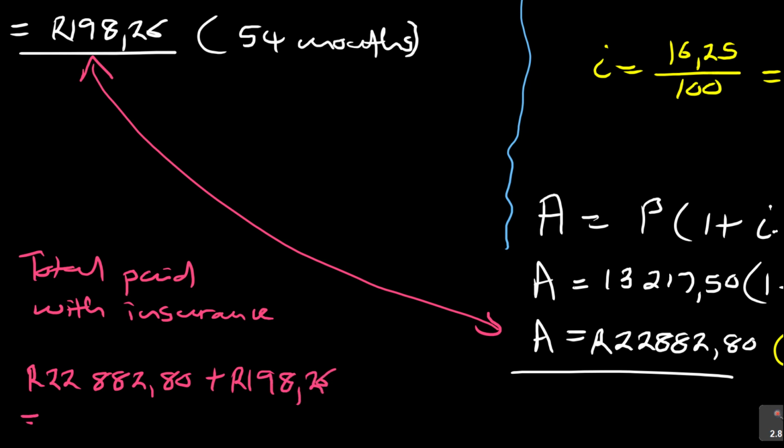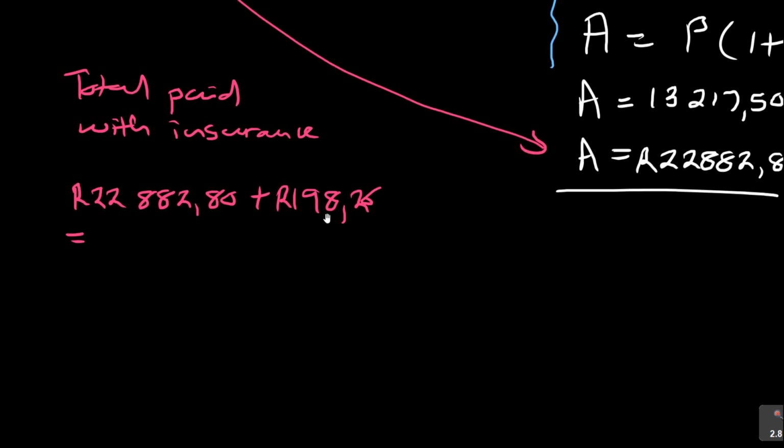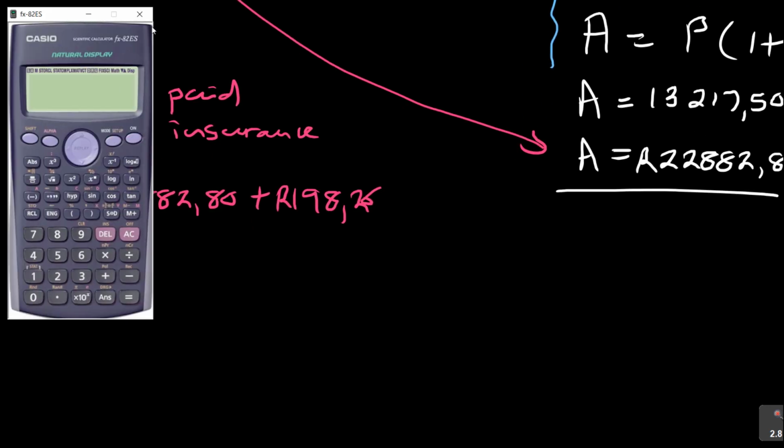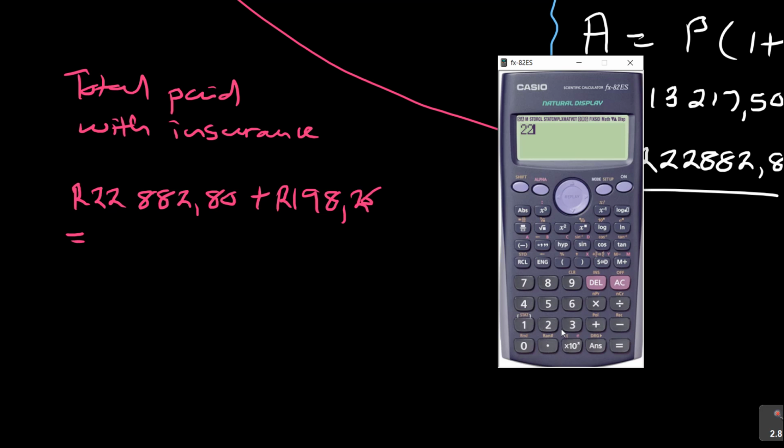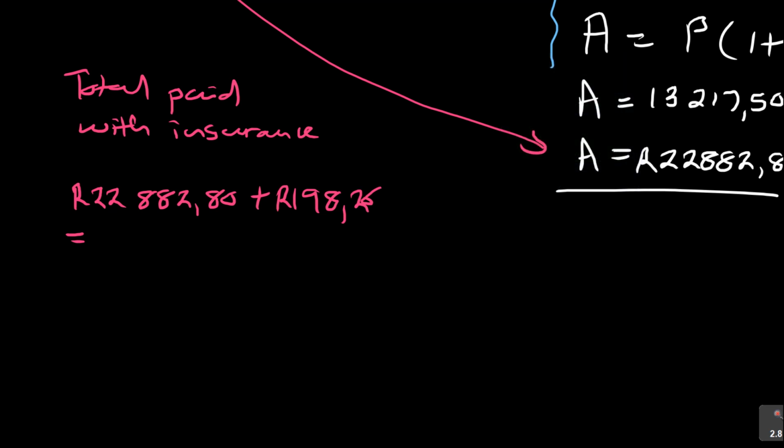All right, then that becomes the total that they expect to receive, which is 22,882.80 plus 198.26, and it becomes 23,081.06. That is 23,081 rand and 6 cents. Alright, remember what to do with money.